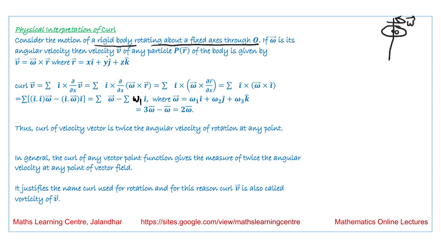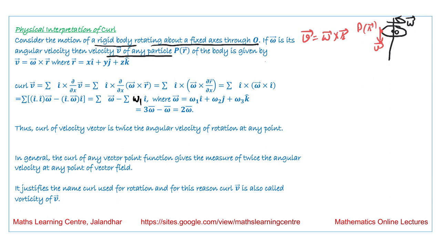Then we consider any particle P with position vector R vector, and we talk about the velocity of this particle. It is given by V vector is equal to omega vector cross R vector.